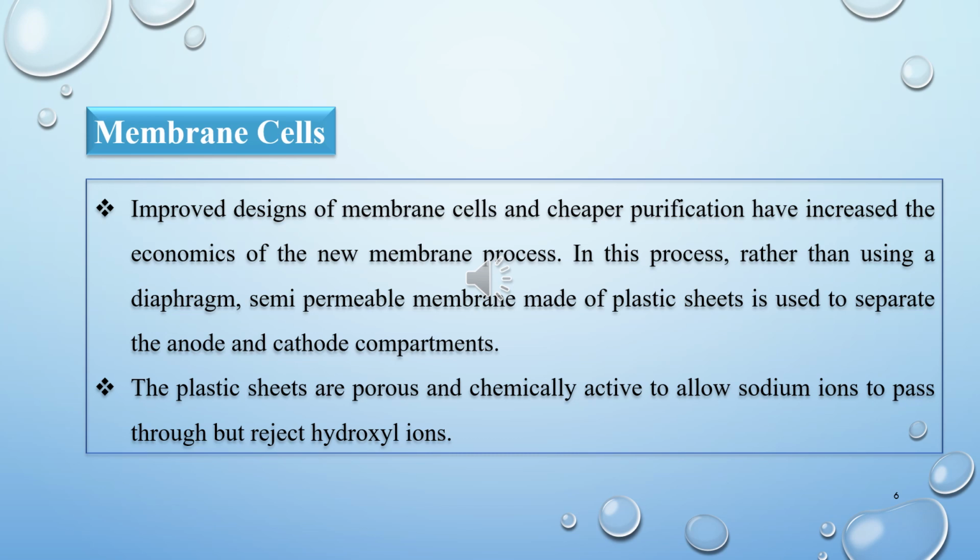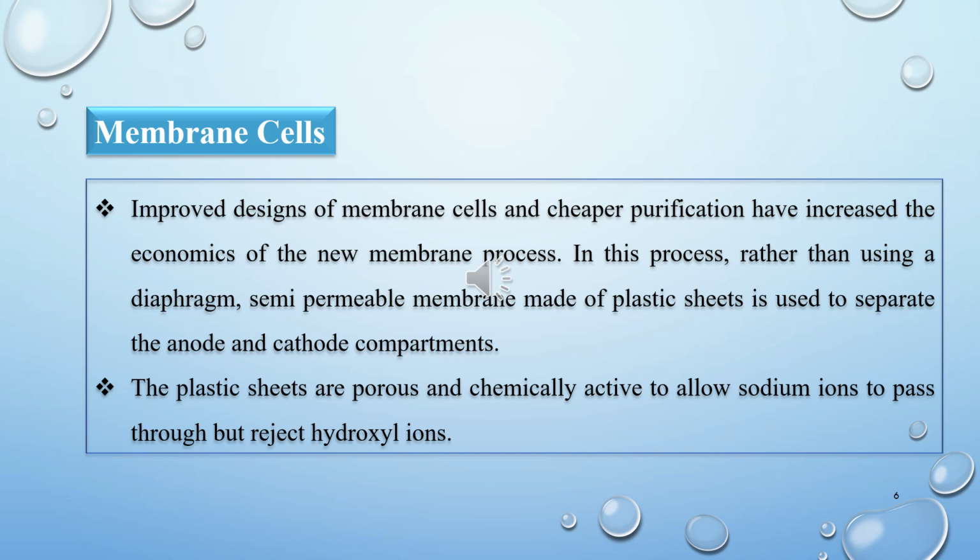So far, dear students, we have discussed mercury cell process and diaphragm cell process. In those processes, we have discussed that we will not use the mercury cell because it uses more energy as compared to diaphragm cell and membrane cell.